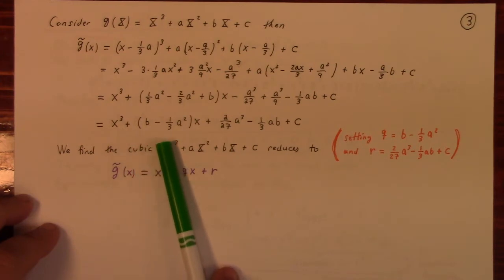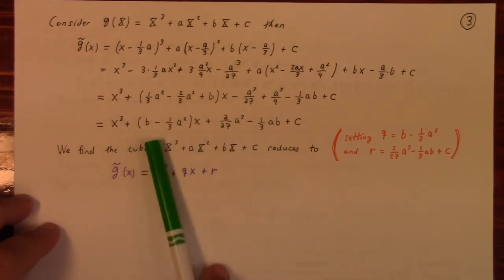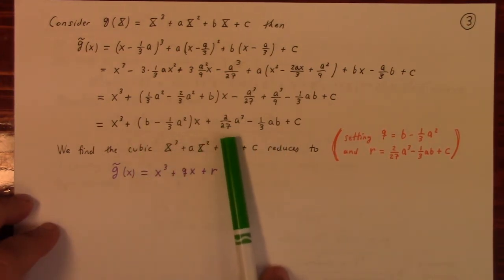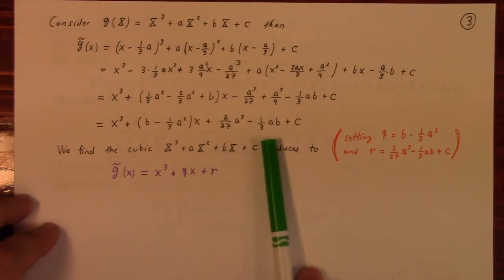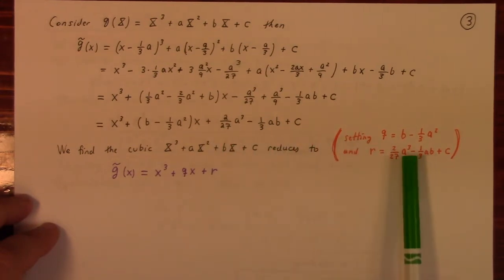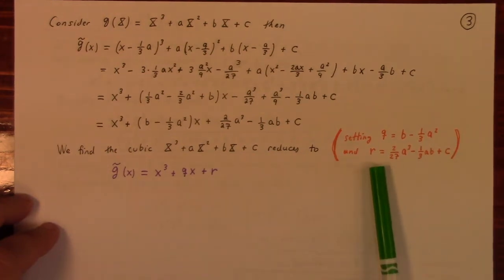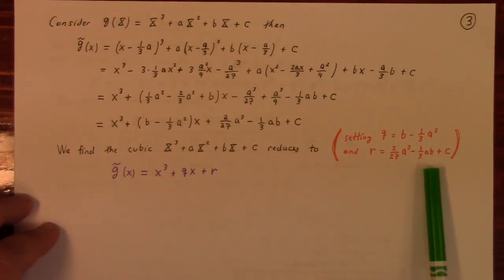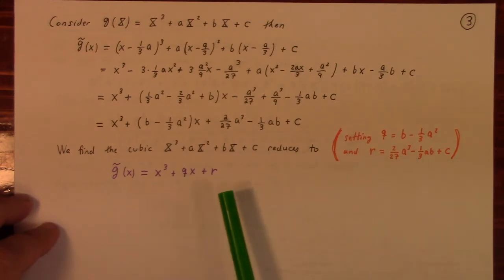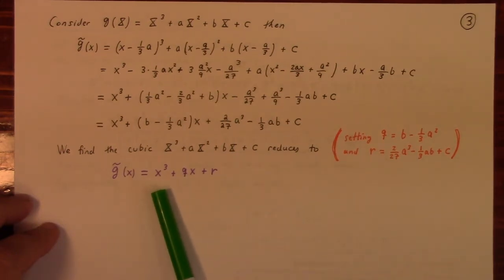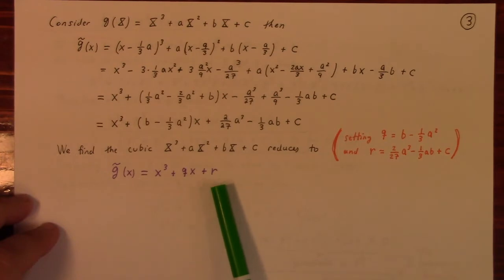That gives me a depressed polynomial with coefficients b minus 1/3 a squared, 2/27 a cubed minus 1/3 ab plus c. So if I set q equal to b minus 1/3 a squared and r equal to 2/27 a cubed minus 1/3 ab plus c, this gives me g tilde of x is x cubed plus qx plus r.